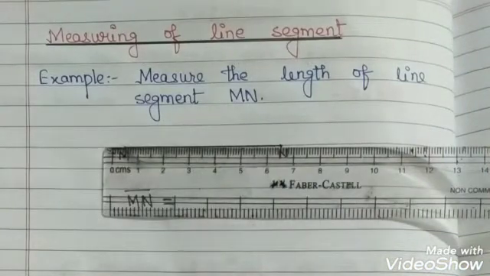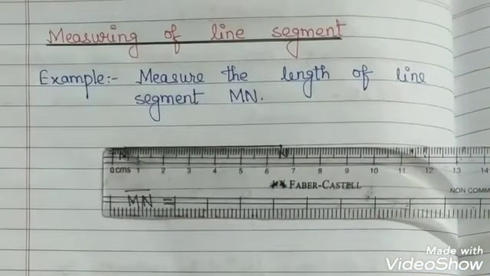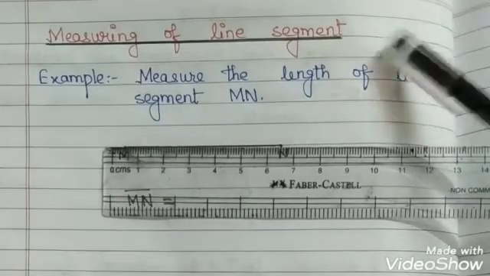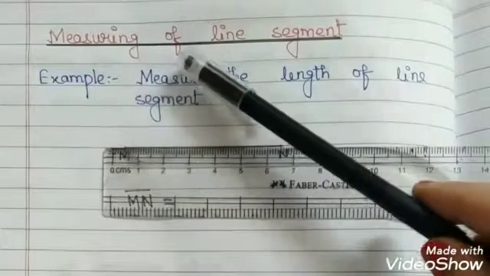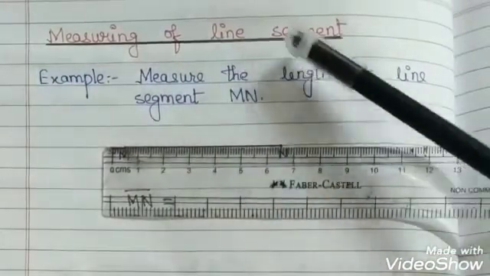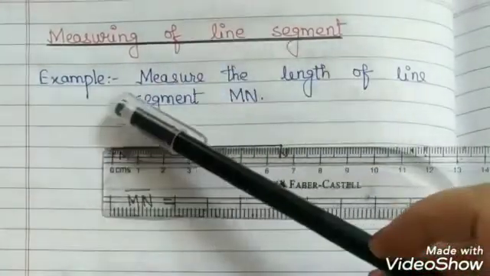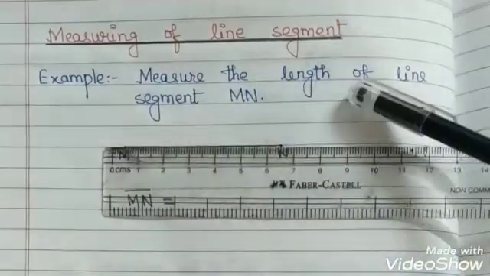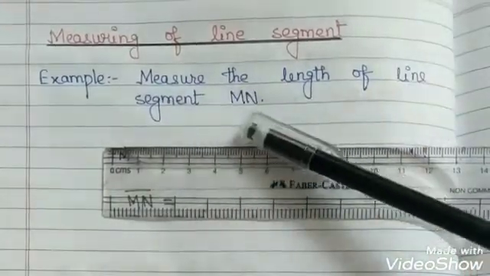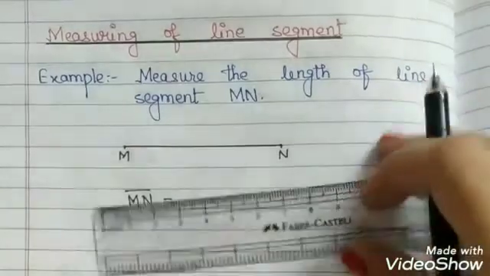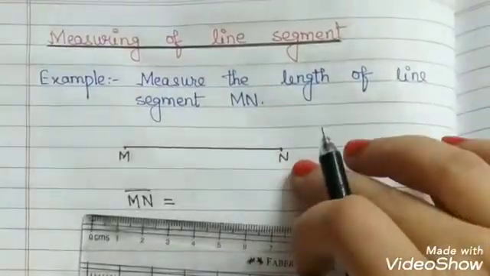Now, after learning how to draw line segments, let us focus on how we can measure the length of the given line segment. For this, let's take an example. Measure the length of line segment MN. Here you can see the line segment MN is already drawn.